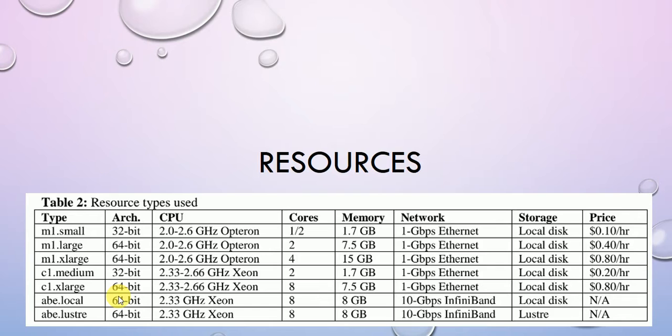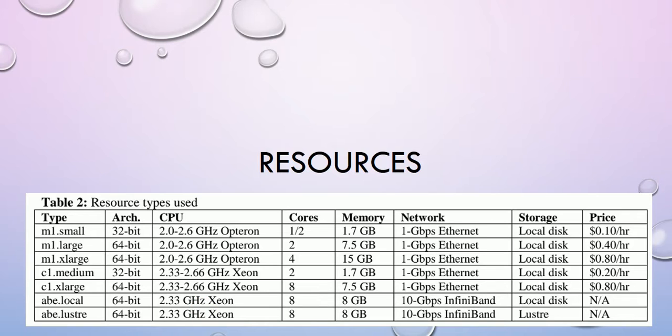M1 and C1 star, and 2 resource types from Abe, which are abe.local and abe.lustre. There are several noteworthy details about the resources shown in this table.